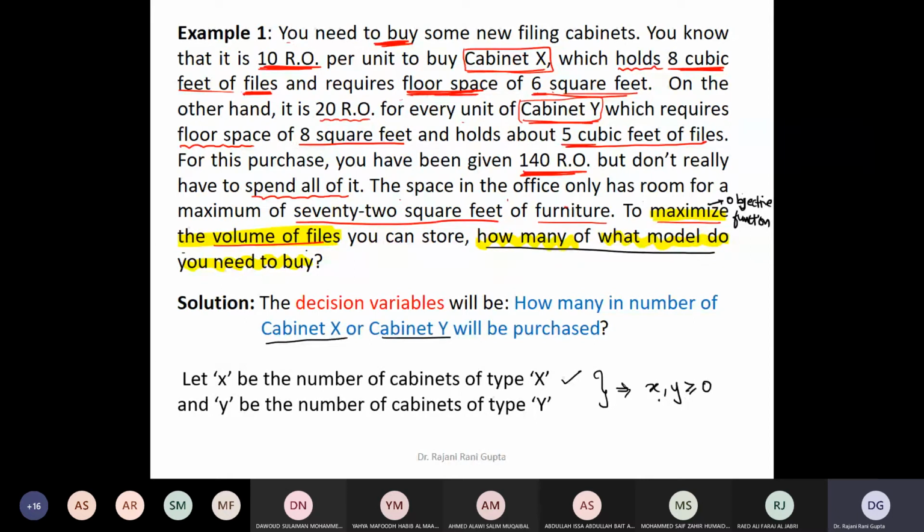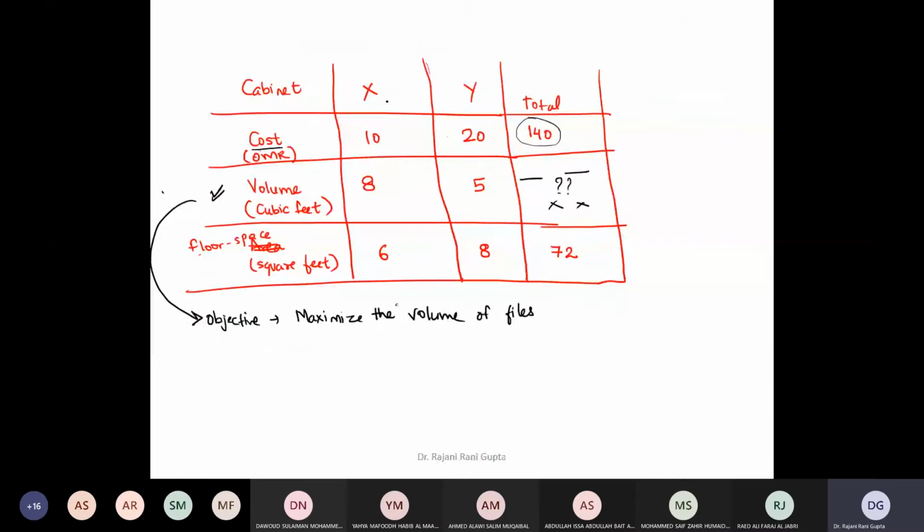Okay, so what will the objective function be? One X cabinet requires 8 cubic feet of volume, so X cabinets will give 8x volume. One cabinet of type Y has a capacity to store 5 cubic feet, so Y cabinets will be 5y.